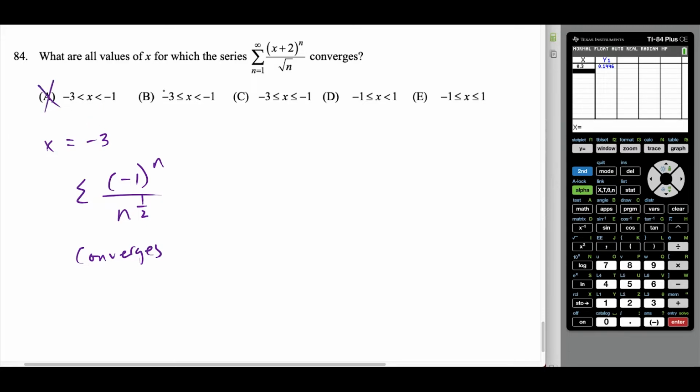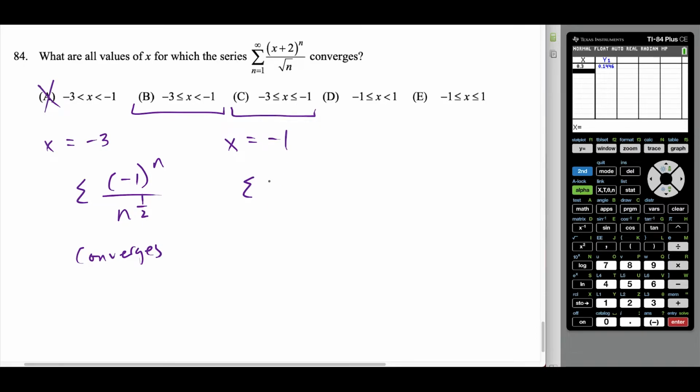So A is out, and now B and C are both contenders. Now, I'm going to get rid of choices D and E because this series doesn't go out far enough. If it converges at -3, this endpoint and this endpoint are just simply not accurate. But now the next thing that we need to check here is what's going on at x equals -1. And if we plug in x equals -1, now we get this series.